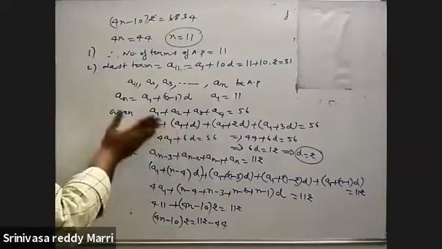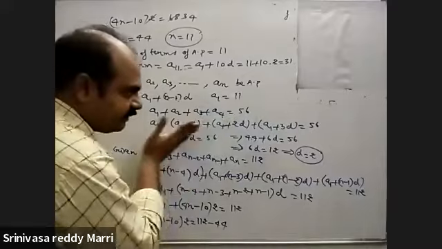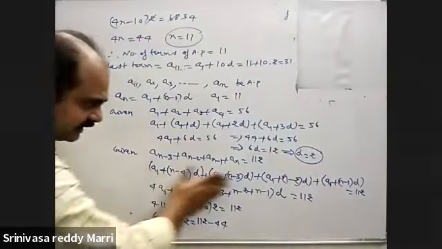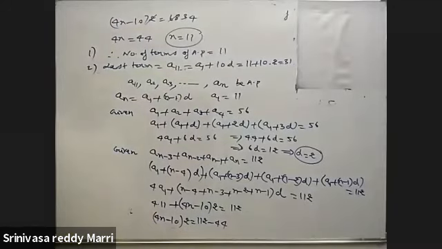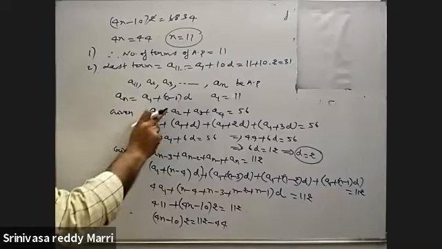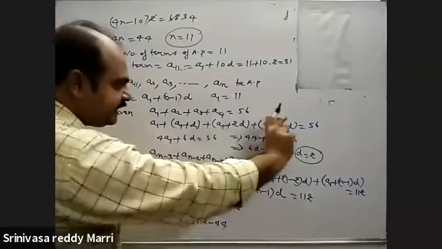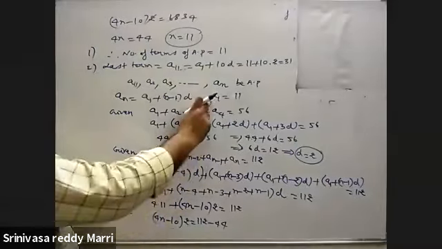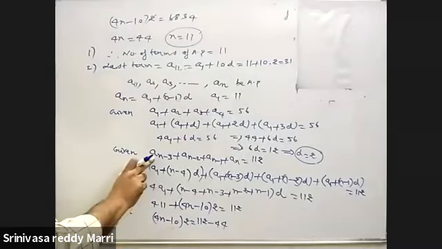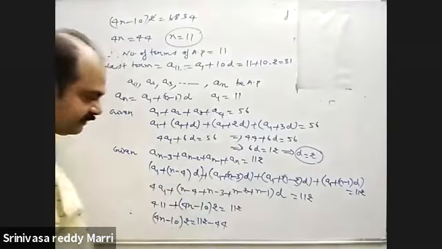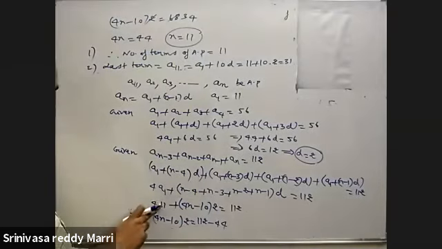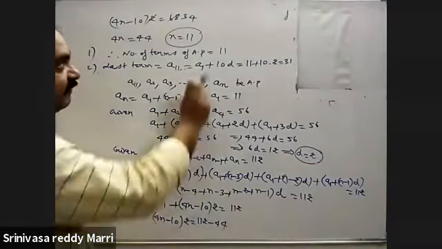Like that, just simply write the terms. One condition is given, another condition is given. Don't be scared of looking at the problem. This is the nth term. The first four terms sum is given, write it as one equation. A1 is given, you got d. Write the second equation, the last four terms, and add. A1 you know, d you know, and then you will get the n value.